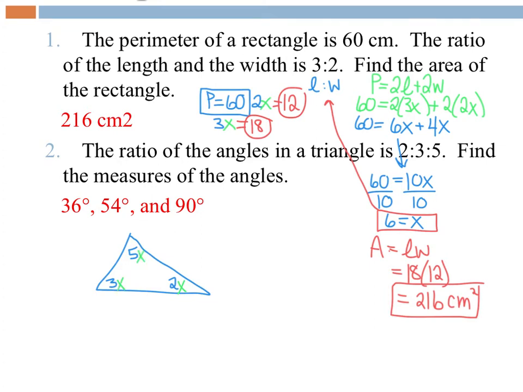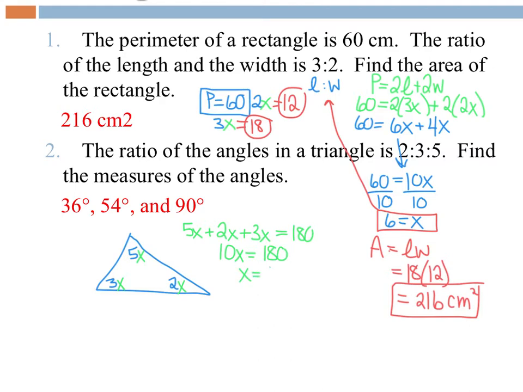Okay, so now that I have these angles written in terms of x, I write my equation. I know that if I take 5x plus 2x plus 3x, I am going to get 180. Because this is a triangle, the triangle sum theorem says the angles always add up to 180. Okay, so I get 10x equals 180.